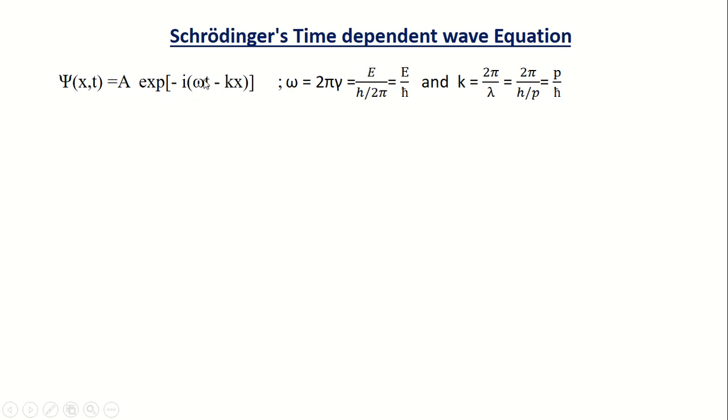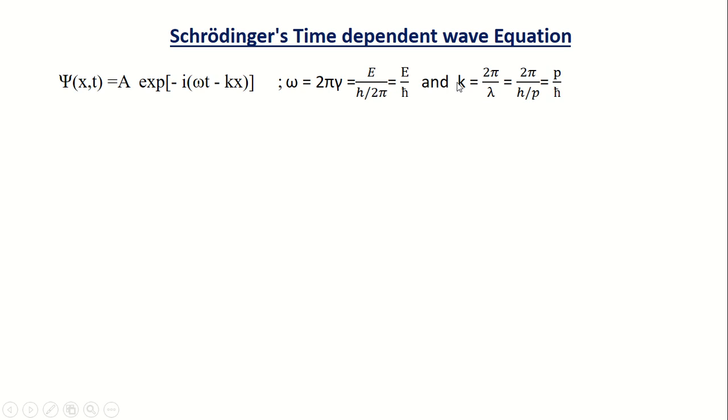In this equation, omega is angular frequency, which is given by 2 pi nu, and we know that E is equal to h nu, therefore nu is equal to E by h. So omega is equal to E by h. 2 pi we can take as the denominator of h, and this h upon 2 pi is the reduced Planck's constant, which is denoted by h cross. So omega becomes E by h cross.